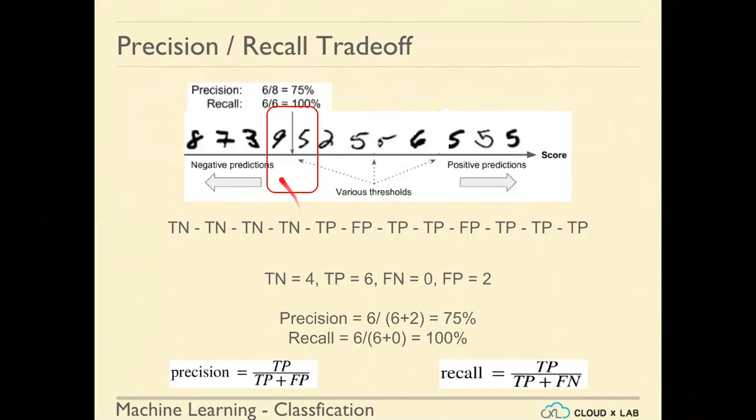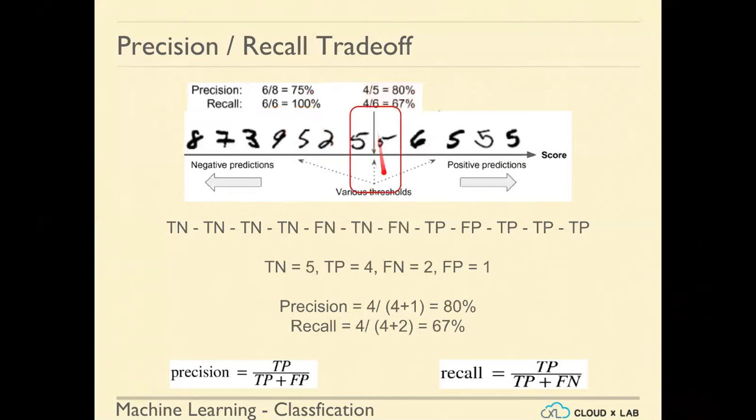When we go here, the precision further improves because one of the two that were classified as 5 is no longer classified as 5, and therefore the precision is a little better, but it's still not 100% because we have one extra 6 this side. So out of the total number of identified 5s, 1, 2, 3, 4, out of 4, there's still a mistake.